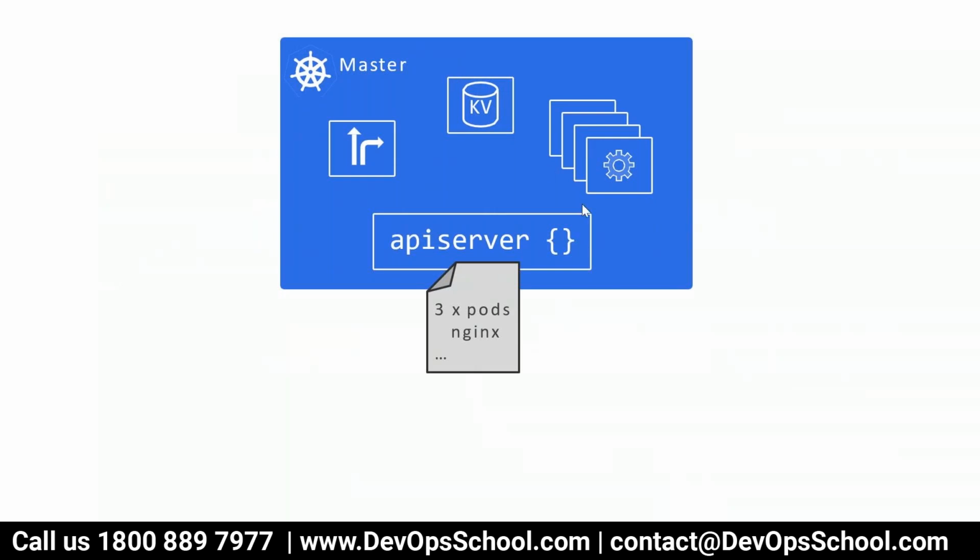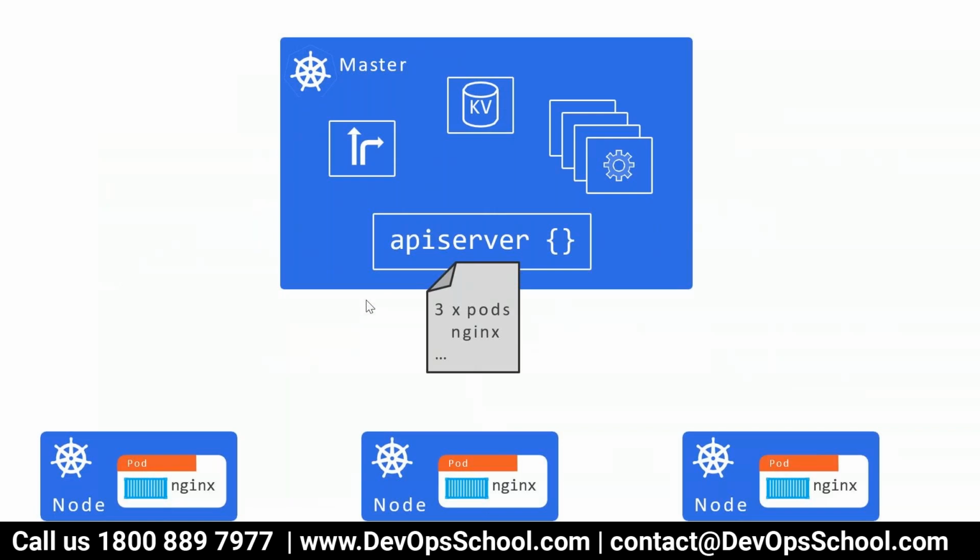Controller manager will report that there are no 3 pods. When this is reported, the API server makes a request to the scheduler: hey scheduler, go ahead and schedule those 3 pods in your cluster. Now you get the 3 pods. Here you have 3 nodes, and the scheduler allocates 1 pod to each node. So that is quickly what happens.